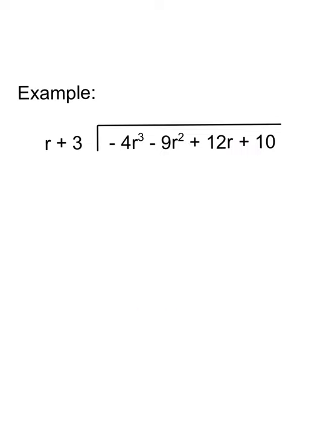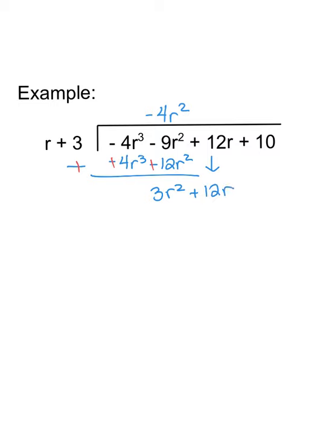Next example. R times negative 4r squared gives me negative 4r to the third. When I multiply, I'm going to subtract. Carry down. R times what gives me 3r squared? Multiply. We're going to subtract.